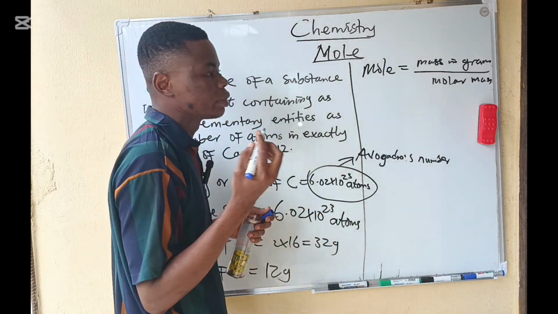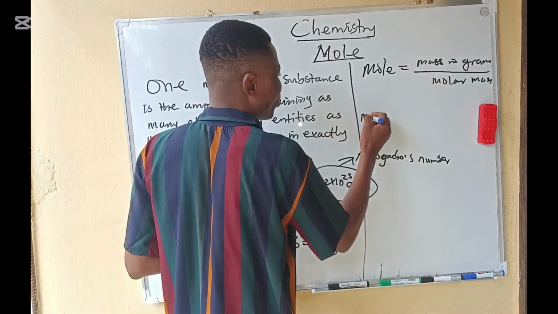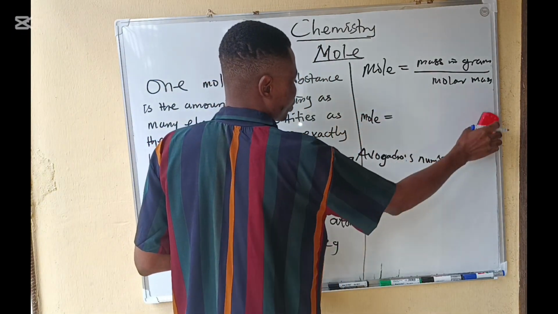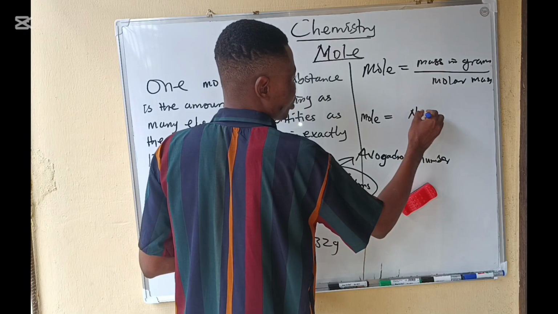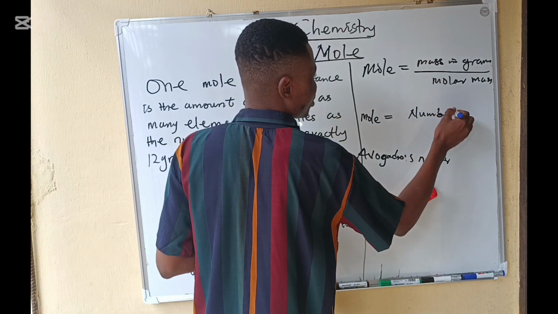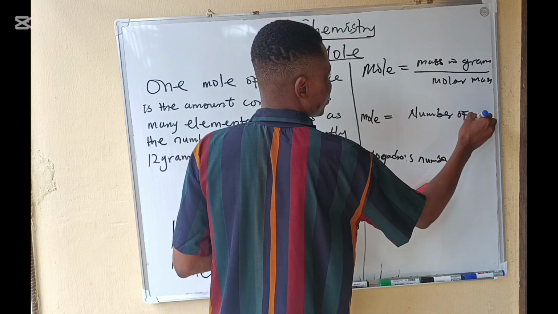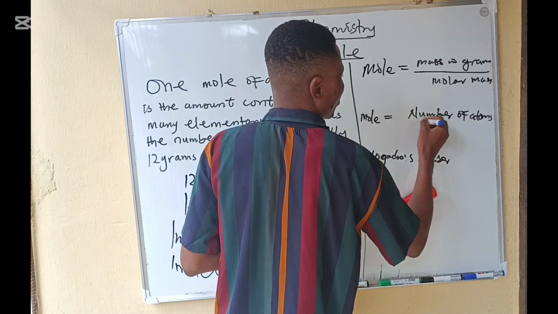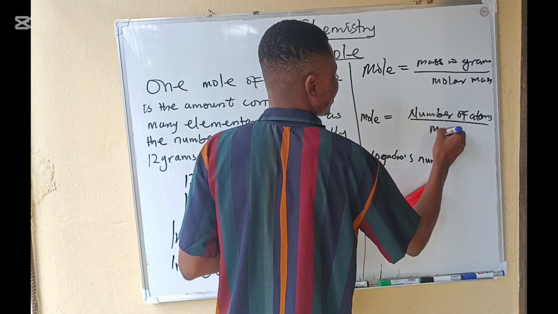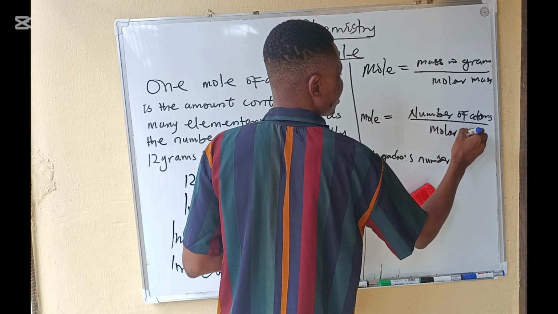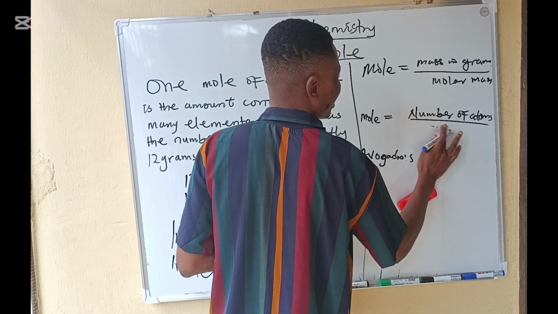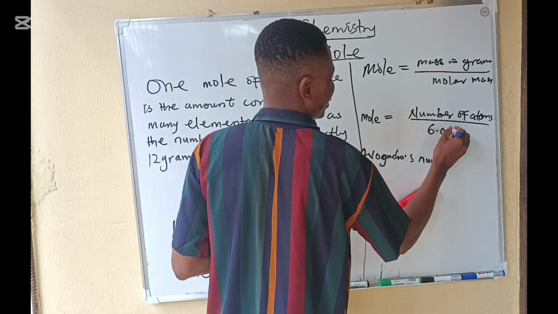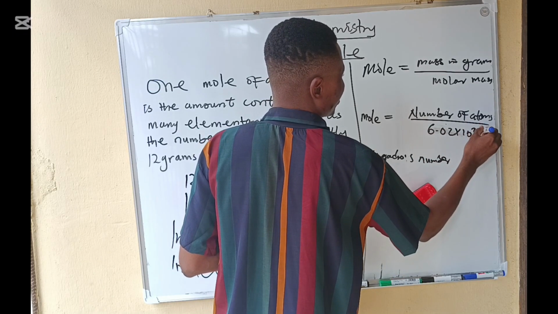We also have another one. Number of moles is also equal to number of atoms, all over Avogadro's number, that is 6.0 times 10 raised to the power 23.